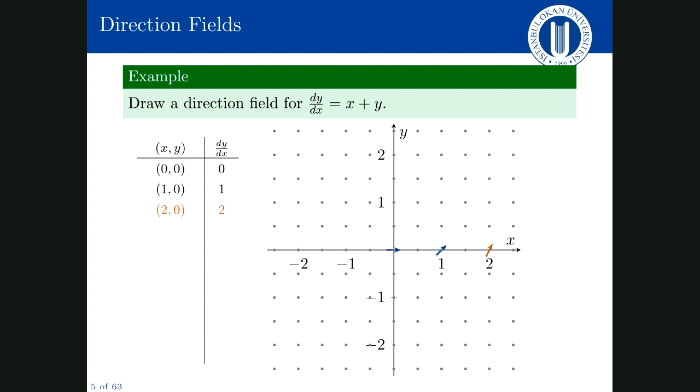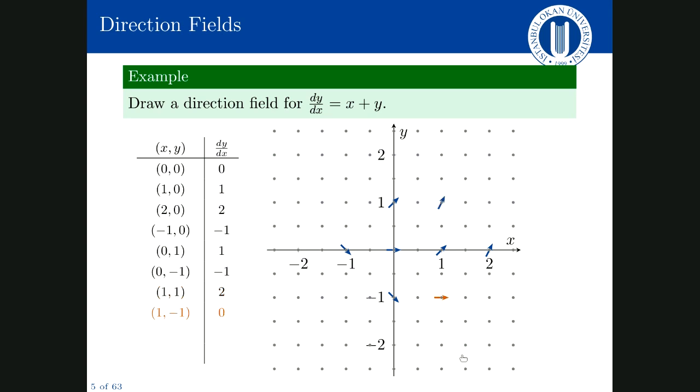And so on. At the point 2, 0, slope is 2, arrow points upwards like this. At the point minus 1, 0, the slope is minus 1, so the arrow points downwards with slope minus 1, and so on. At 0, 1, at 0, minus 1, at 1, 1, the slope is equal to 2.